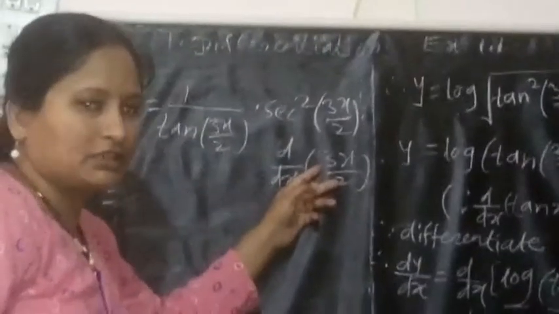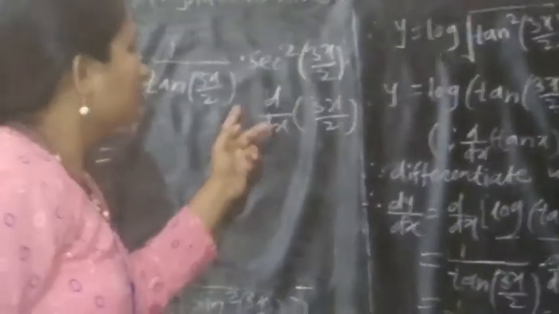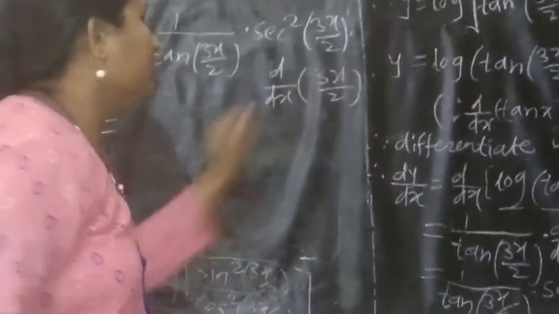Now 3 upon 2 is a constant, so we can take it before the derivative d by dx. So 3 upon 2 d by dx of x with respect to x.